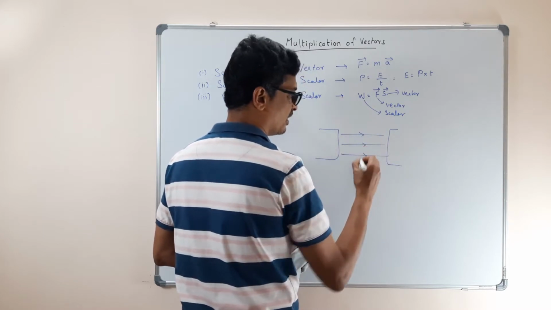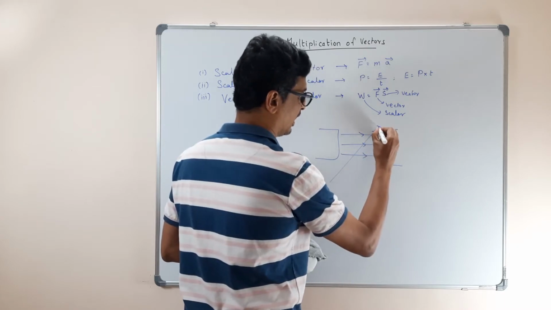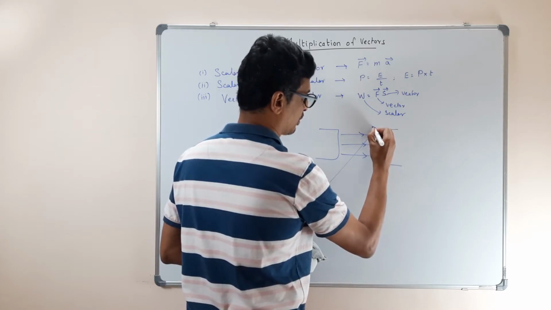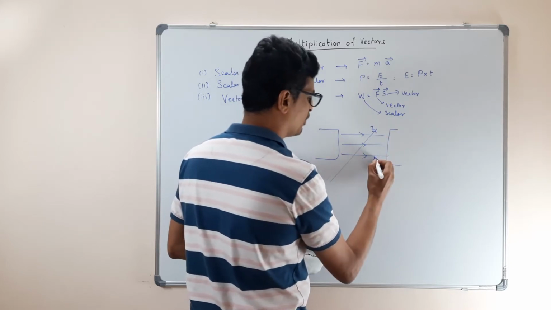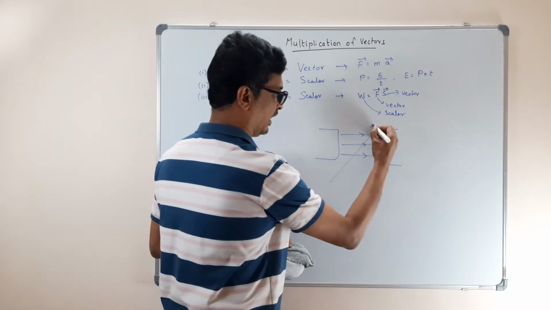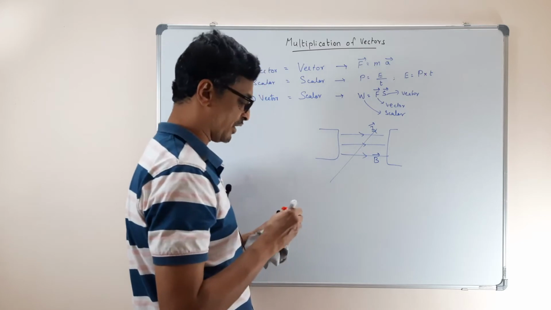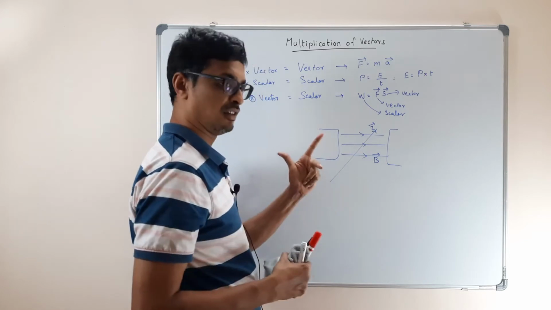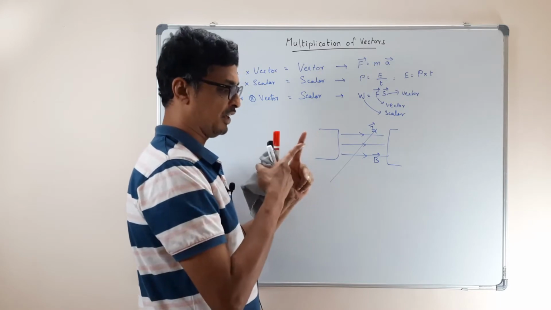For the magnetic field, what symbol do you use, H or B? Let us write it B. So this is a vector, and I, the current, is a vector. So what happens in Fleming's left-hand rule?